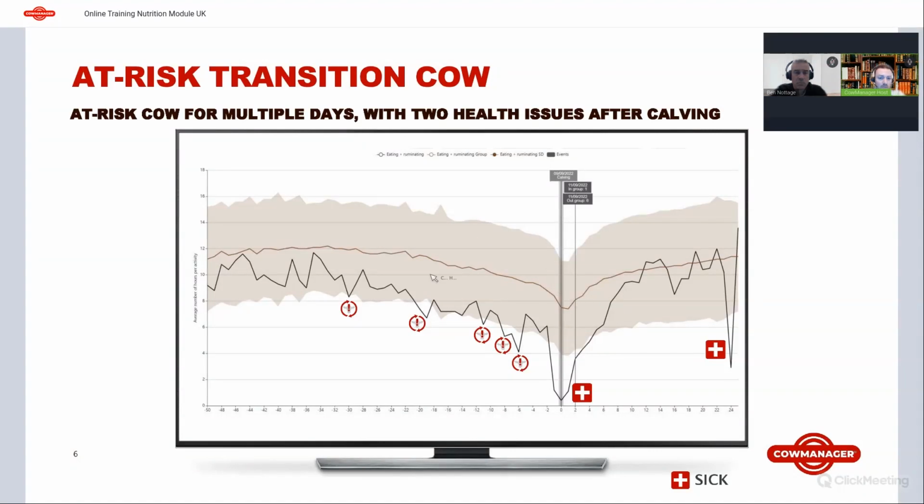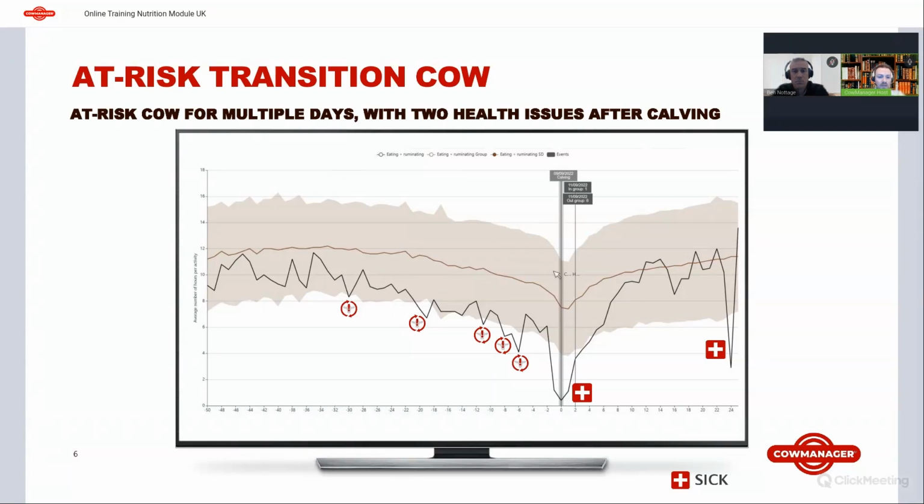There's also a beige part around that brown line, and that's the standard deviation of the eating and rumination time of the group.